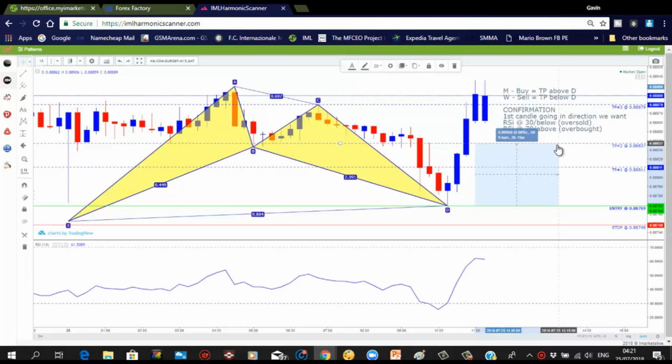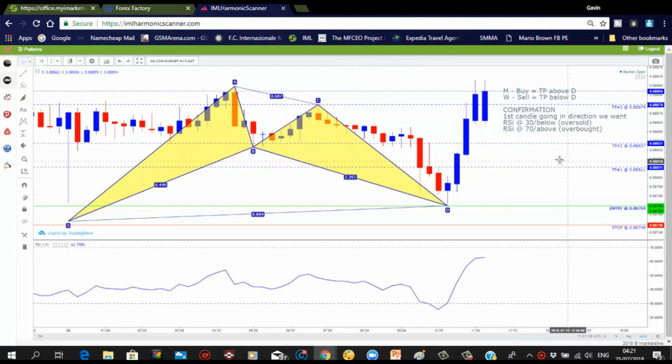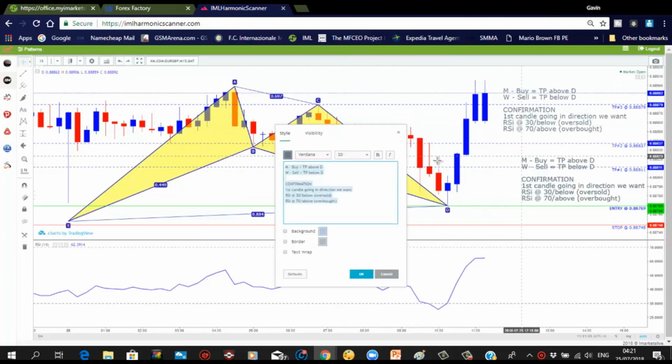But the thing about it is that, let's say, for example, let me use a nice round figure. Let's say that was actually 10 pips, right? Let me show you guys something. If that was 10 pips, what I normally do is, like I said, take profit 1 is almost a surety.